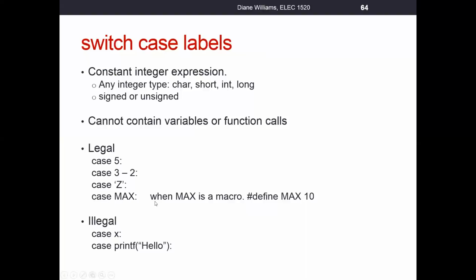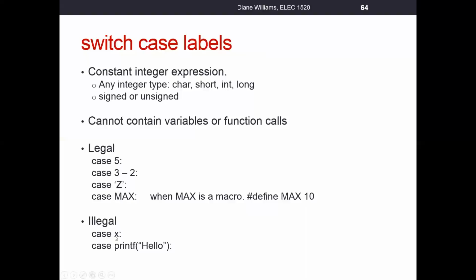Case MAX, if we had defined MAX as a macro, so #define MAX 10, this is the same as saying case 10, it's just a little bit more human readable. If you had used a preprocessor directive to define MAX as some constant value, then you could say case MAX, because remember, this is not a variable, it is a constant. The preprocessor substitutes the value 10 in there.